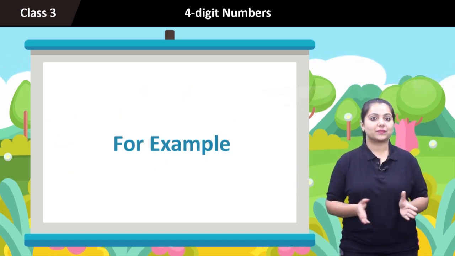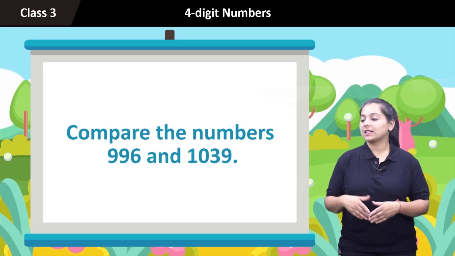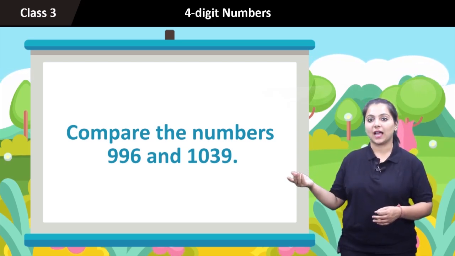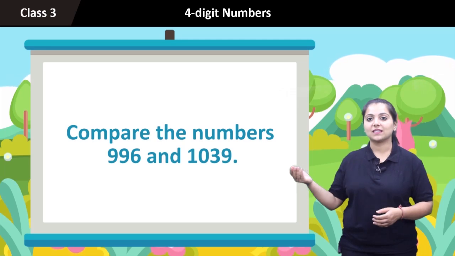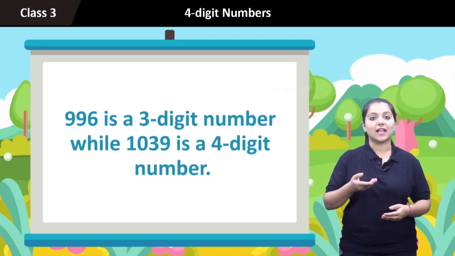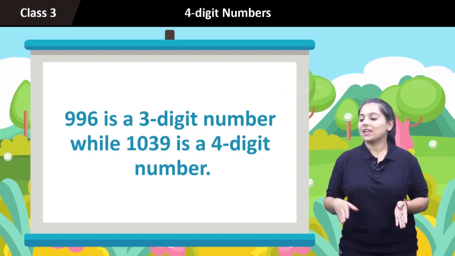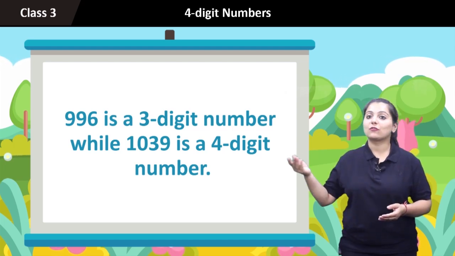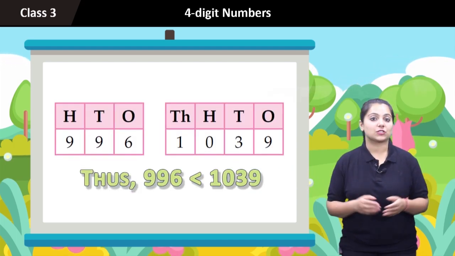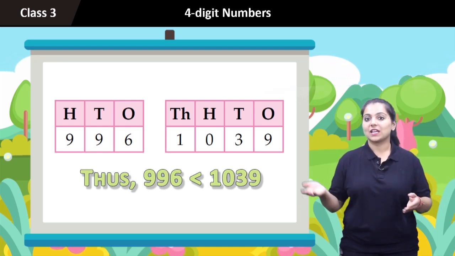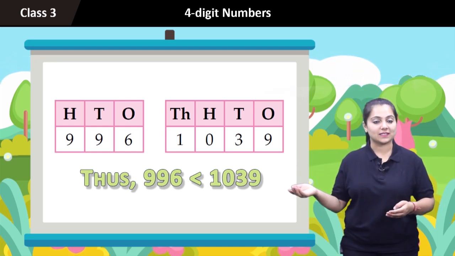For example, compare the numbers 996 and 1039. 996 is a 3-digit number while 1039 is a 4-digit number. So tell me which one will be greater? Yes, of course, the 4-digit number will be greater.